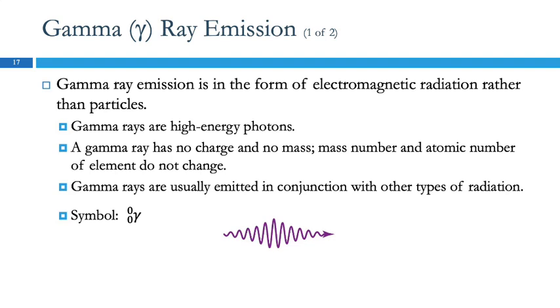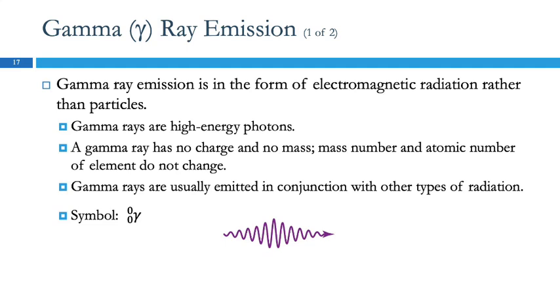Gamma ray emission is just electromagnetic radiation. It's not particles. We learned about the electromagnetic spectrum in Chem 1A, and it starts with radio waves and goes through visible light, and then ultraviolet and X-rays, and gamma rays were way at the high end. This is very high energy photons, high energy electromagnetic radiation.